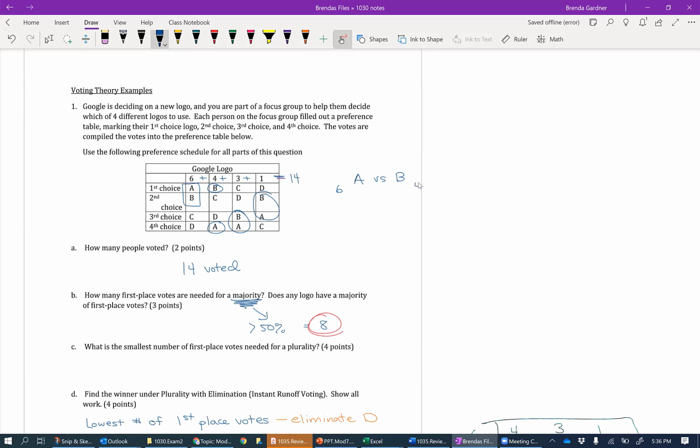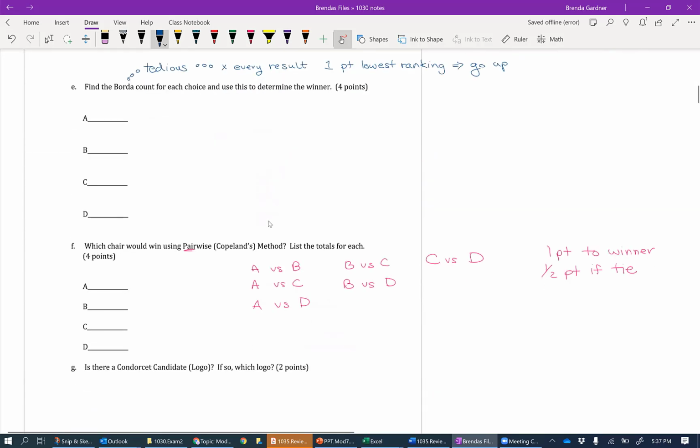B gets the 4 people in the second column. B gets the 3 people in the third column, and also the 1 person in the last column. So therefore, B gets 1 point, and A gets no points. So it's all or none, or we split the vote.